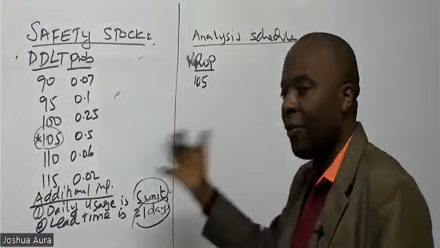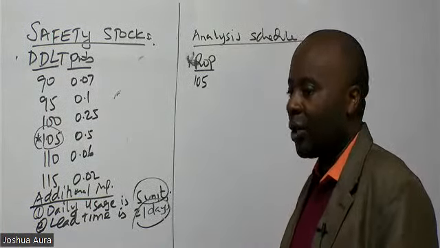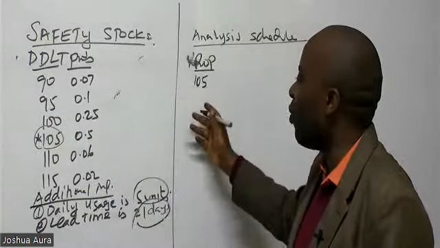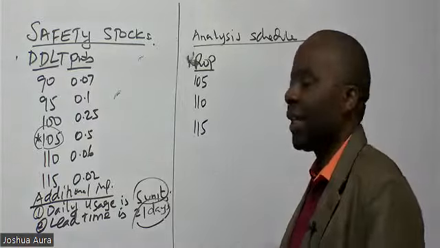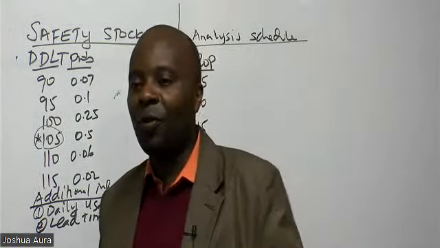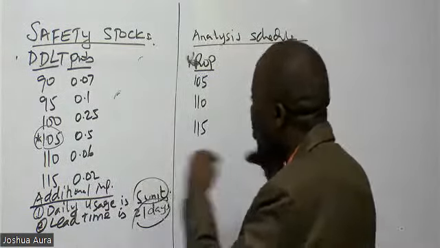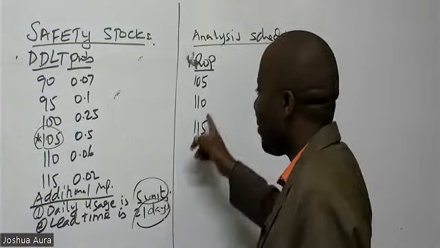Remember, it's forward ever, like salvation. It's forward ever, backward never. So we start with this 105 and then we move forward. So 105, then 110, and then 115, like that. From the current one, you move ahead. But now, we don't write them like this.